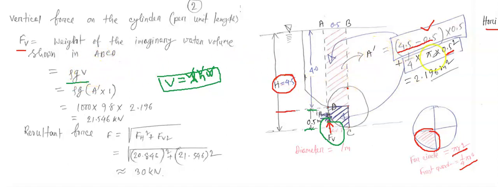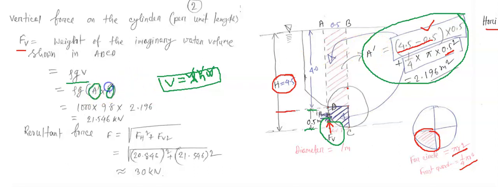If you can remember, look here, we calculated the area, right? It is this height and this width, and if we multiply the length with this area, then we'll get the volume. So see what I did. I multiplied A prime by 1. What is 1? This is the length, the per unit length. So L equal 1.